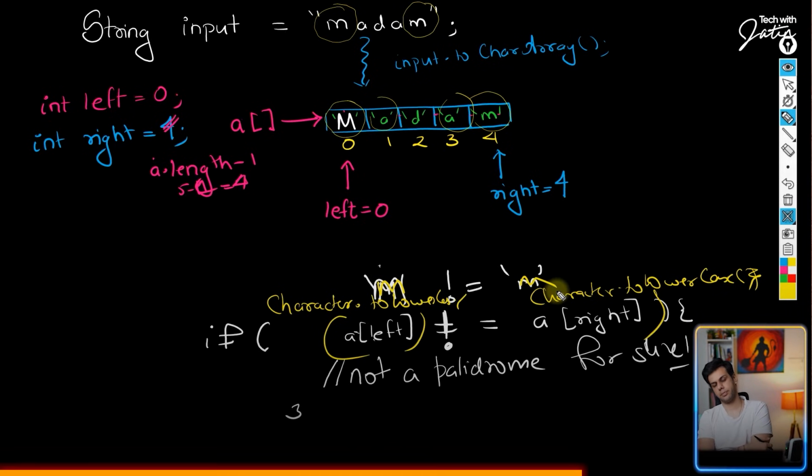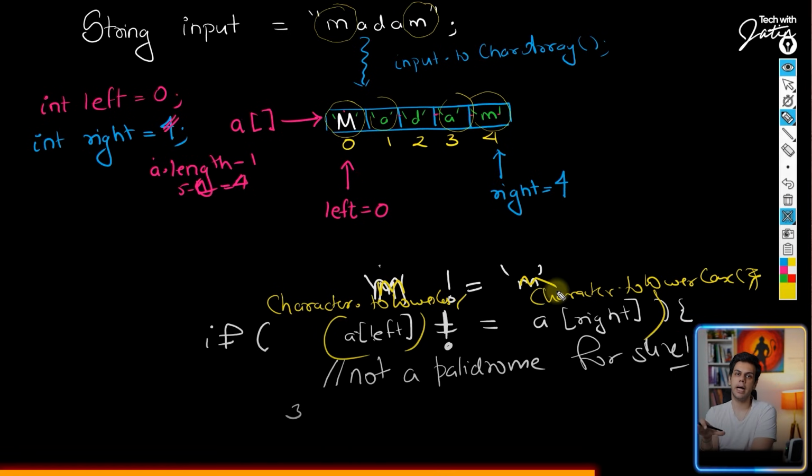Now one more thing. We will be having space. We will be having comma as well as colon and different symbols. So we are only supposed to focus on those indexes, those left and right pointers, which are going to have letters or digits.